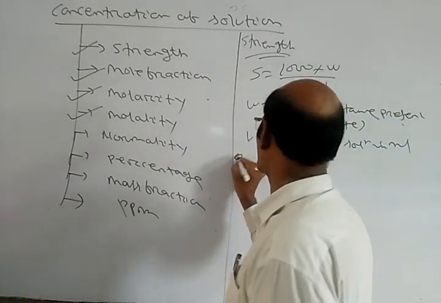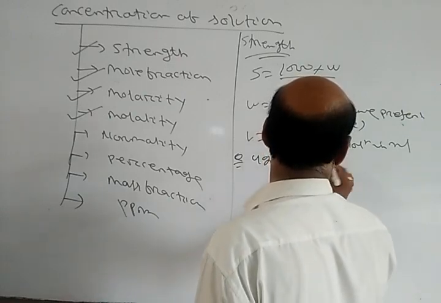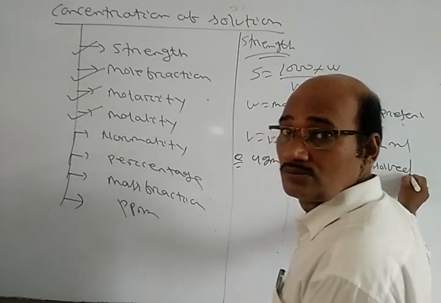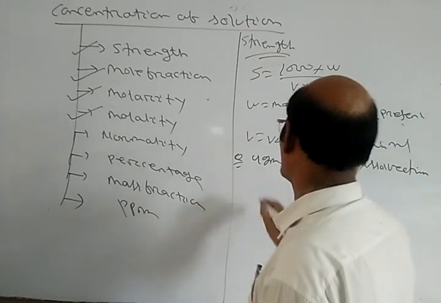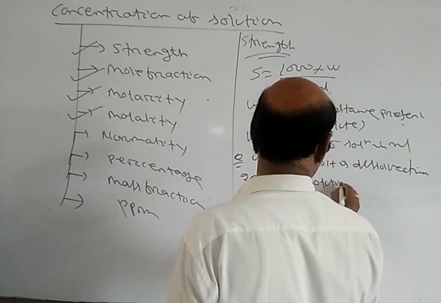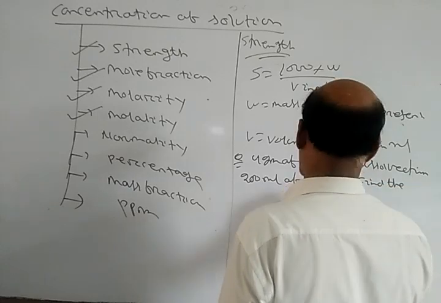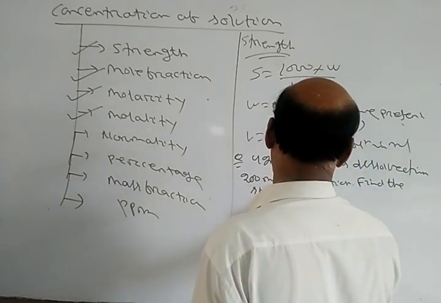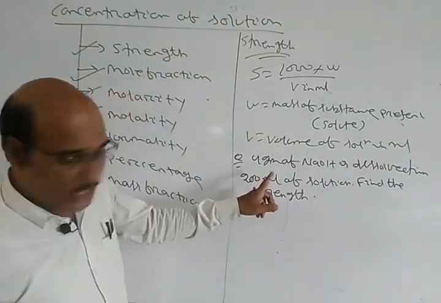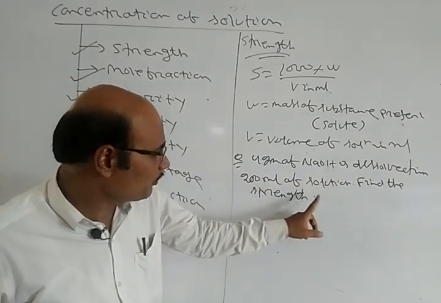For example, 4 gram of NaOH is dissolved in 200 ml of solution. Find the strength. So here you see, 4 gram of NaOH is dissolved in 200 ml of solution.